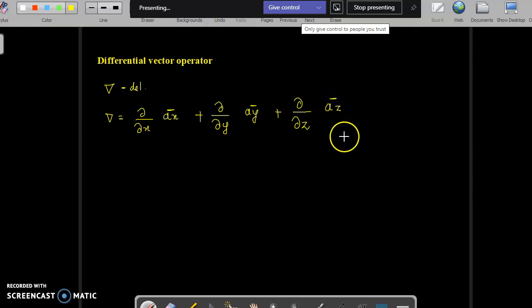So this is the differential operator del. There are three possible operations with del. It is very important.